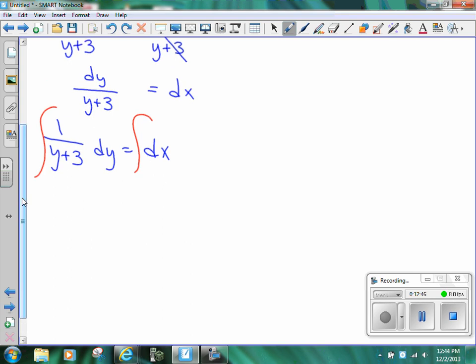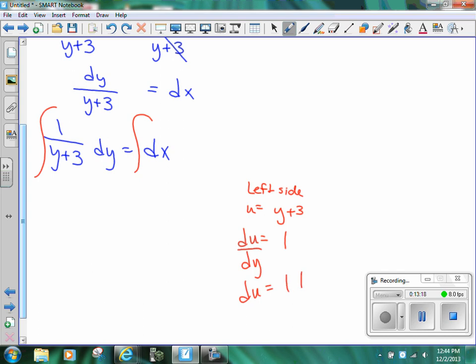I got to talk about my u's. What would my u be on that left side? You guys see that? Do you agree? And this one really, for the u substitution, it's really easy, isn't it? What's it going to be? Du over dy is going to be what? 1.